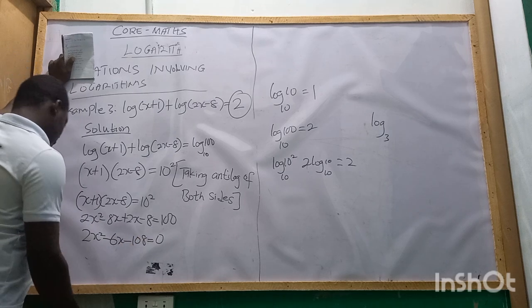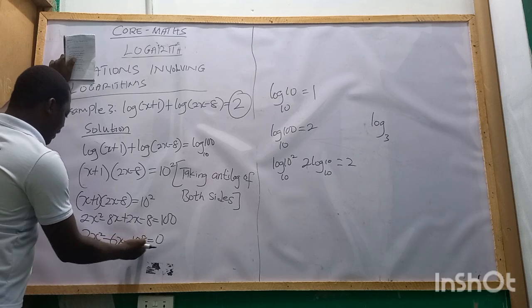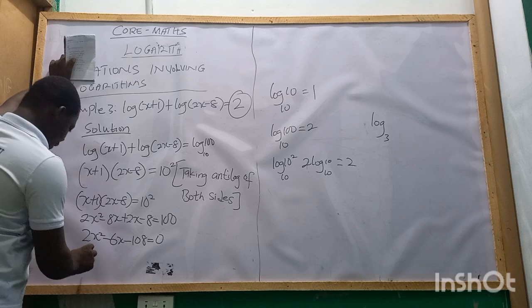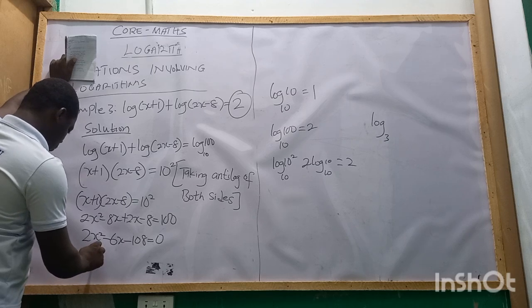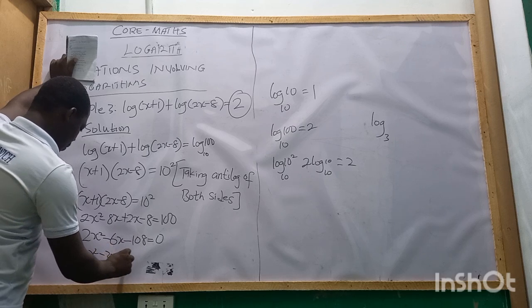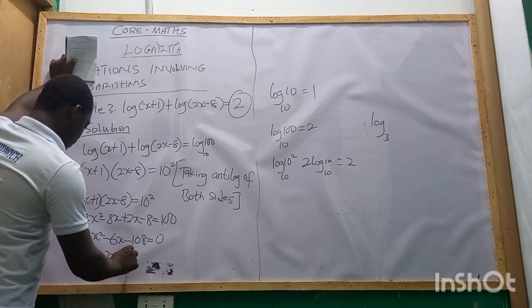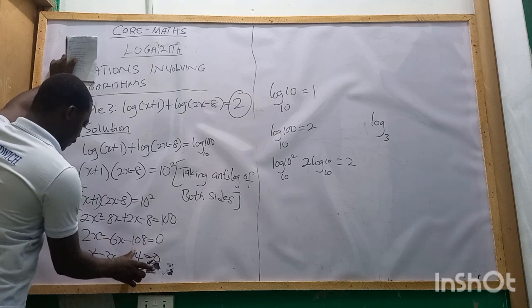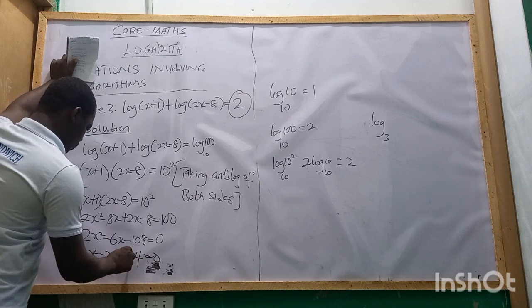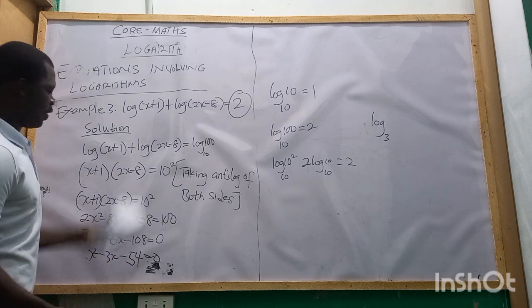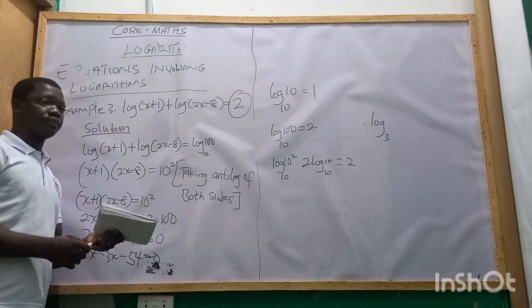Right. So as I said, this one, the number 2 can divide through. So I'll divide both sides by 2, which I'll get x squared minus 3x minus 54 equal to 0. Right. So I've gotten a quadratic equation.